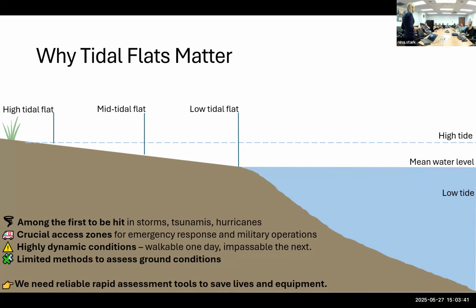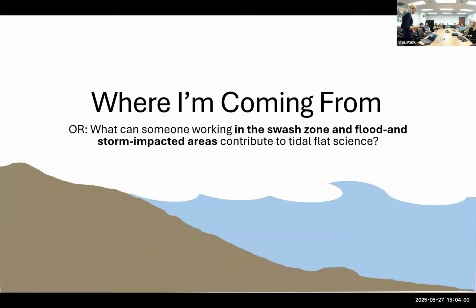One day you can walk on it, the next day you can't. There are only limited methods right now to assess whether you can walk on it and what the ground conditions are. So we need reliable, rapid assessment methods for those systems to save lives and equipment.